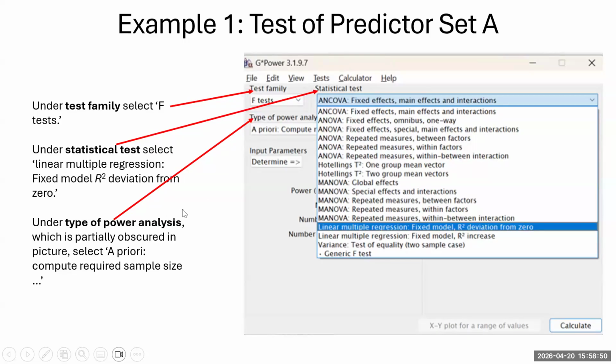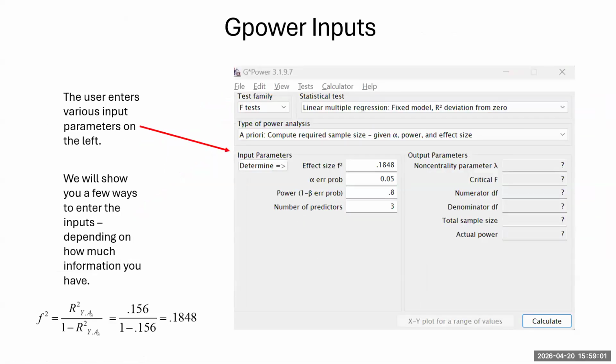And then under type of power analysis, we're going to select a priori. There are a couple different options there, but a priori is what you would use during the study planning phase.